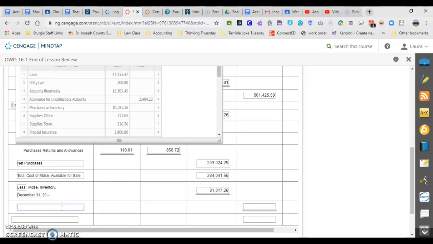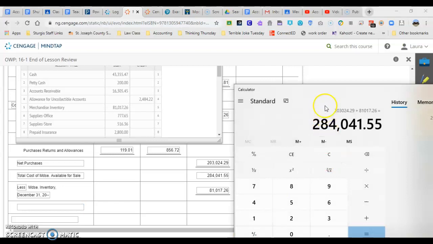So this is our purchases, our total cost of merchandise sold minus our ending inventory is our cost of goods sold.